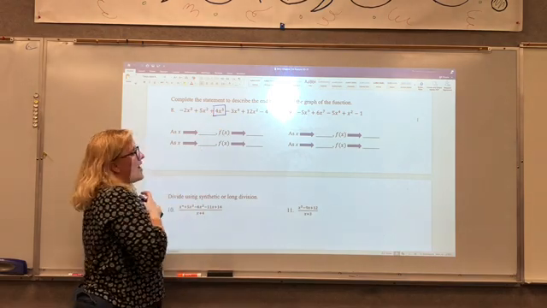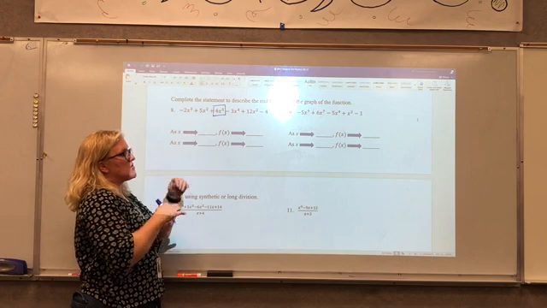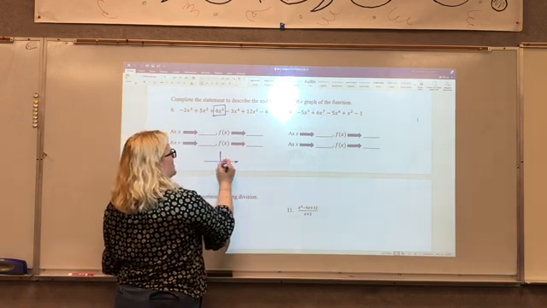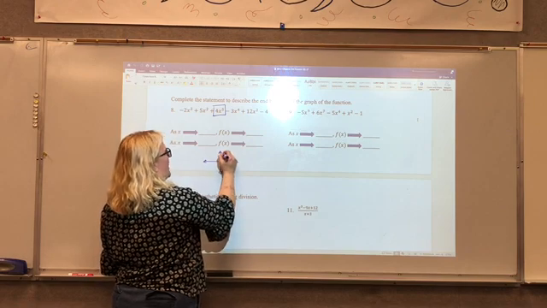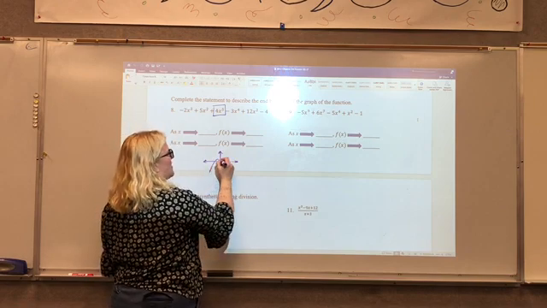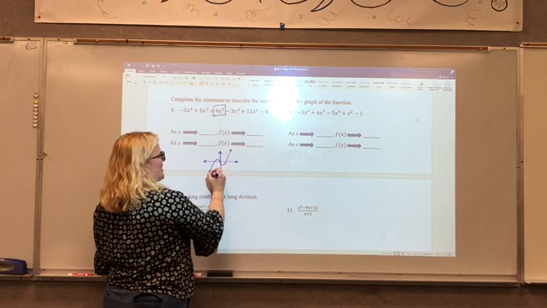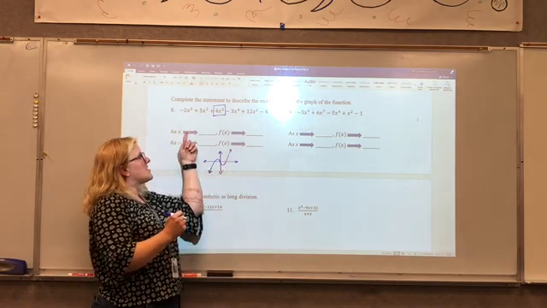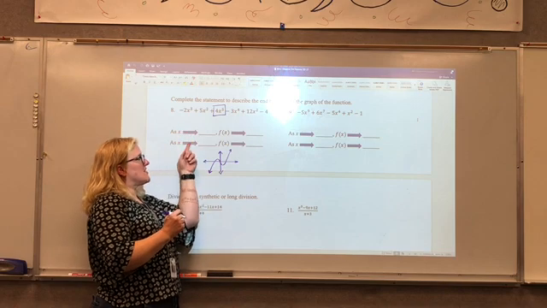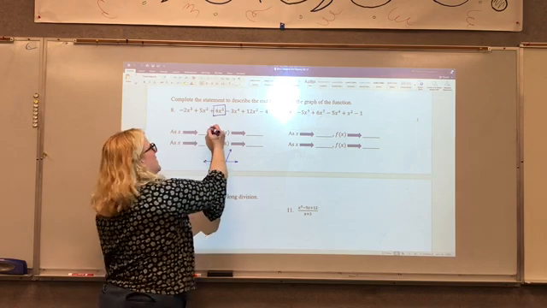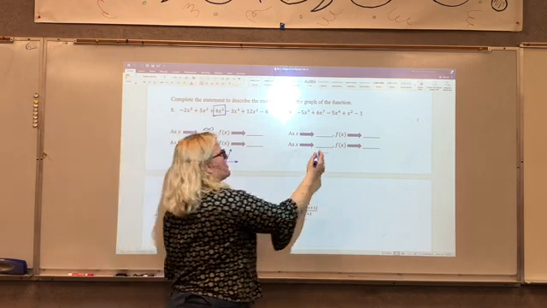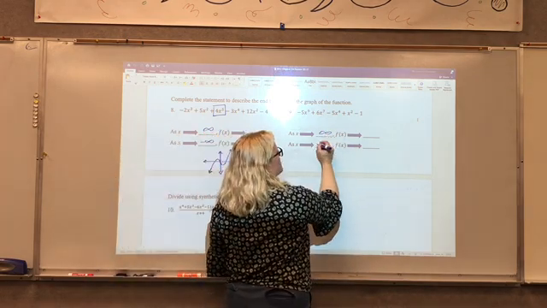I didn't leave you room to do this, but if I were you, I would make yourself a sketch of what this looks like. Since it's positive and odd, it's going to look something like that. Now as x approaches these two, one's going to be infinity and one's going to be negative infinity each time. You can just drop those in.